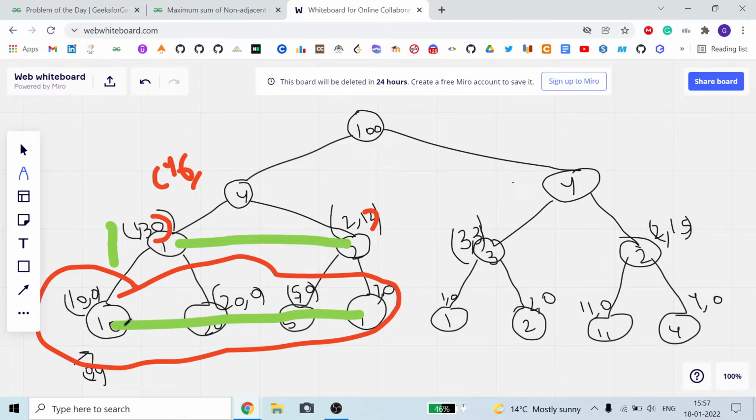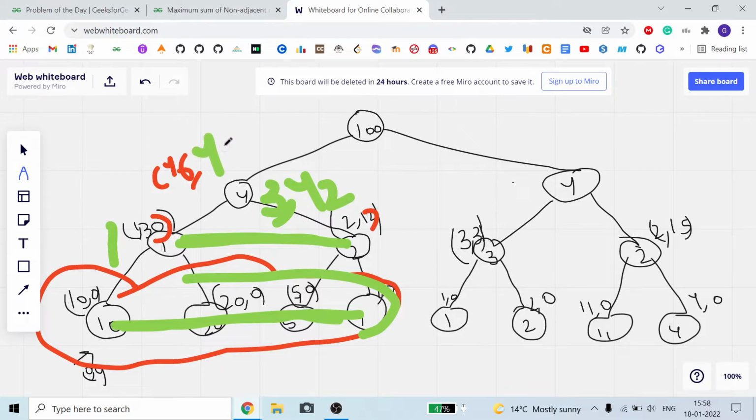The maximum at this level is 2 plus 1 is equal to 3, because it cannot include the sum of this level, and the maximum sum of this level is 30 plus 12, which is 42. So among the maximum of both of these we will return 42 here.